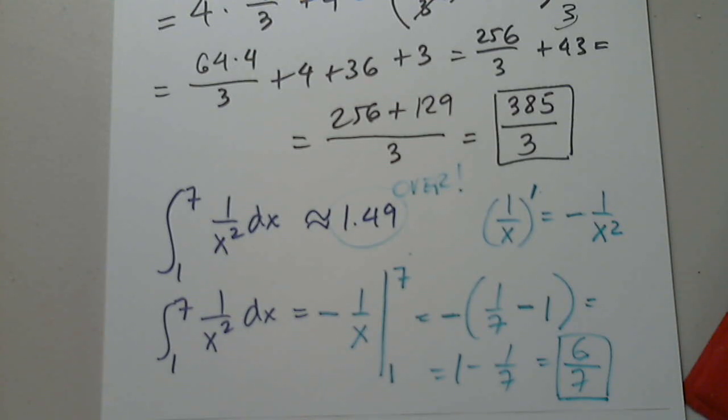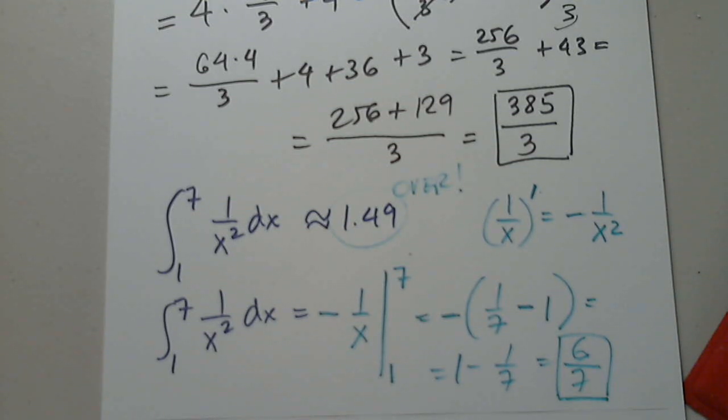So let's do this again. Here are the steps again. Math, number 9, enter 1, enter 7, enter 1 over x squared, and of course dx.